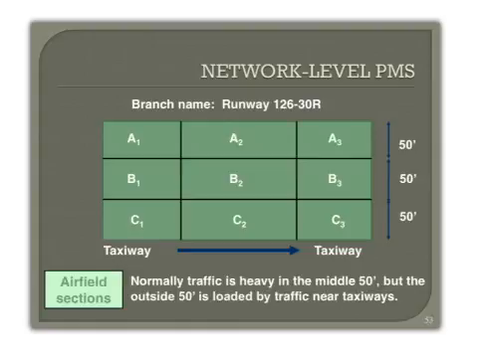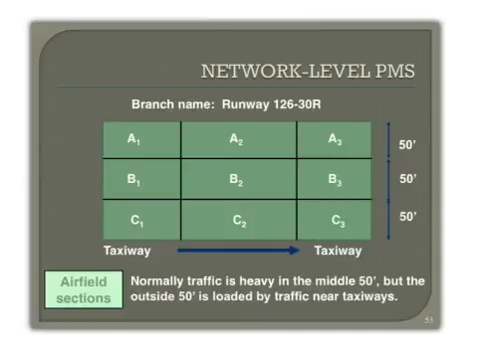Now this is an example for airfield sections. As you can see, this is a typical runway with a width of 150 feet, and the taxiway would be parallel to it. The question is, how can I subdivide even the runway?